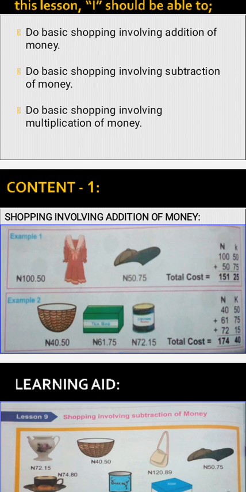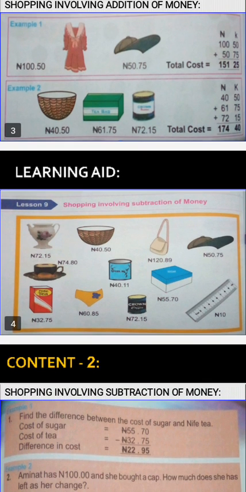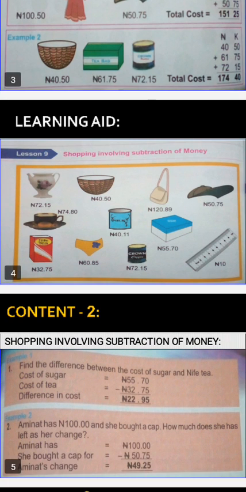Now let's move on to shopping involving subtraction of money. We have the learning aids here. For those items, the amounts are being displayed. You can see for the jug 72 naira 15 kobo, for the basket 40 naira 50 kobo, for the bag 120 naira 89 kobo, for the cup 50 naira 75 kobo, for what is probably a cake pack 55 naira 70 kobo, for that there's 140 naira 11 kobo, one is 60 naira 85 kobo, one is 32 naira 75 kobo, one is 72 naira 15 kobo, and one is 10 naira.